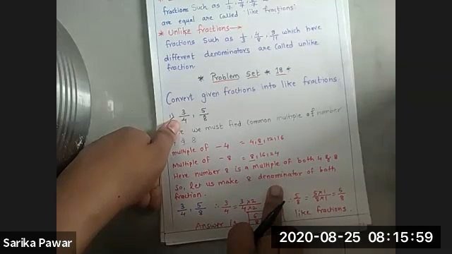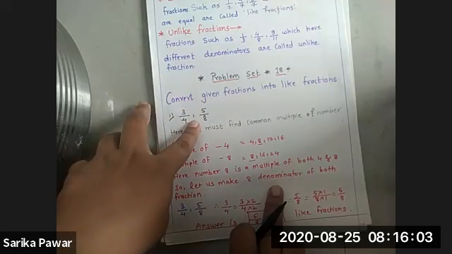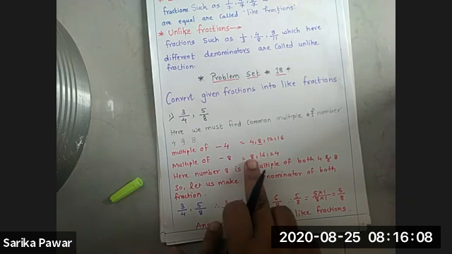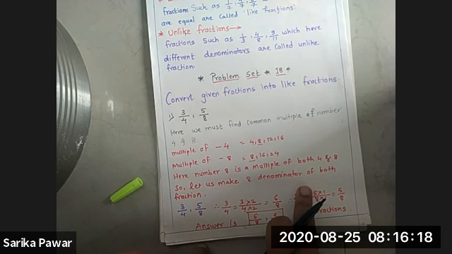In that way, we have to solve the other fraction, 5 upon 8. So I wrote here 5 upon 8, and here 8 1s are 8. If you are multiplying by 1 in the denominator, the same we have to multiply in the numerator. 5 1s are 5, 8 1s are 8.